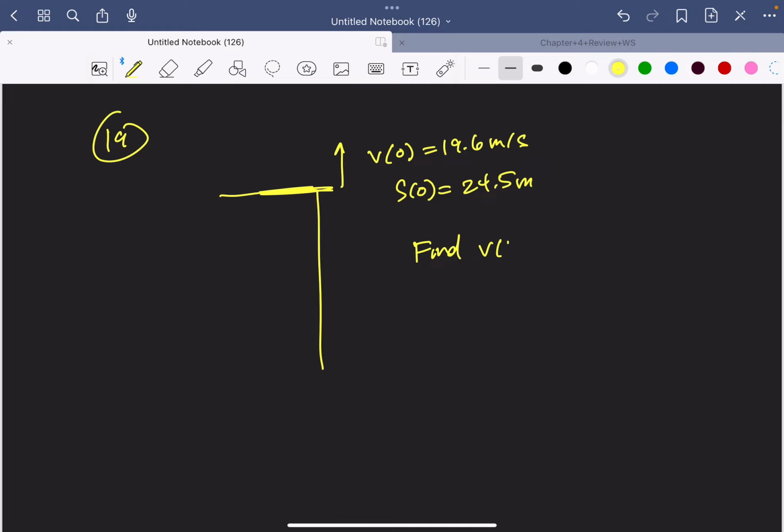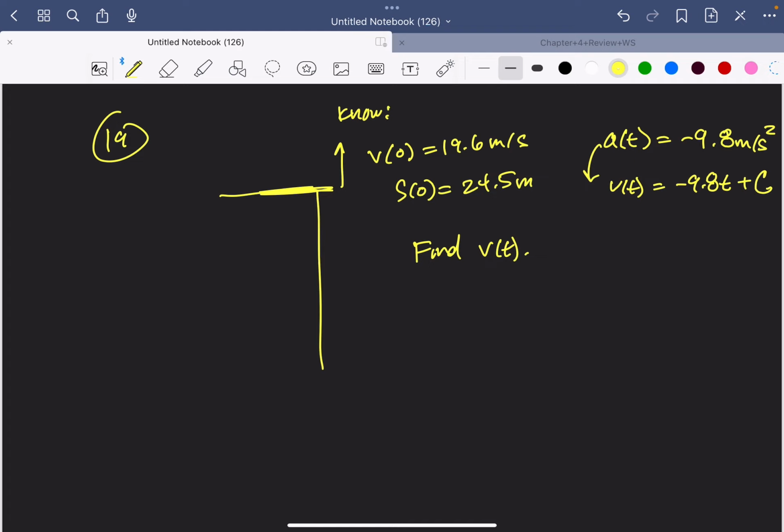So let's find V. We also know, sorry, that's a reminder to do something, which I already did. So one other thing that we know, besides everything that we have so far, we also know that acceleration due to gravity is negative 9.8 meters per second squared. So if we go back to velocity, we're going to get negative 9.8 t plus some constant.